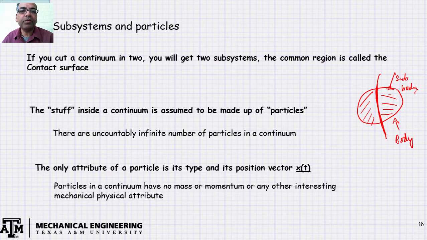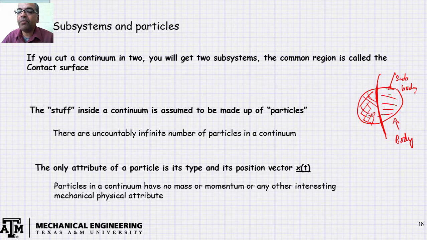And the nice property of a continuum is you can go on slicing and dicing it until you start getting small chunks. You can see how calculus comes in, right? Because unlike a discrete particle, where beyond a certain level you cannot cut it any further, in a continuum you can go on slicing. That's why calculus works.